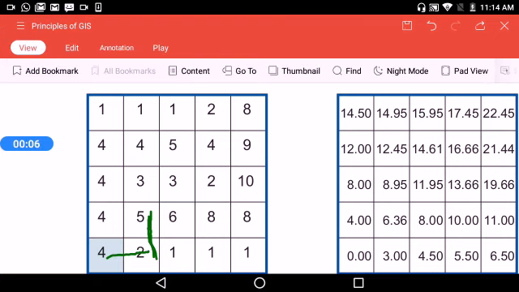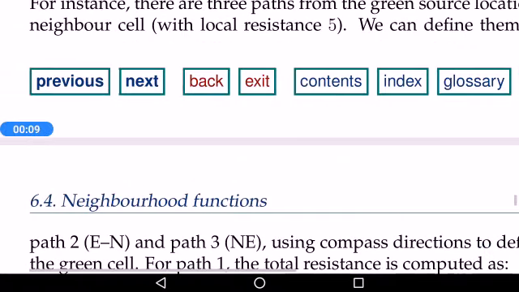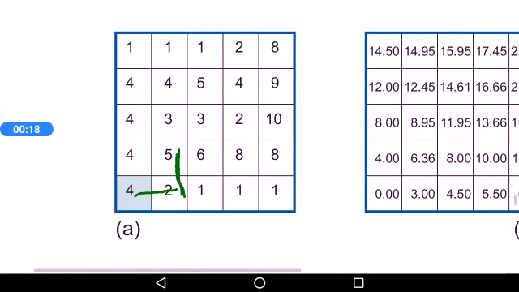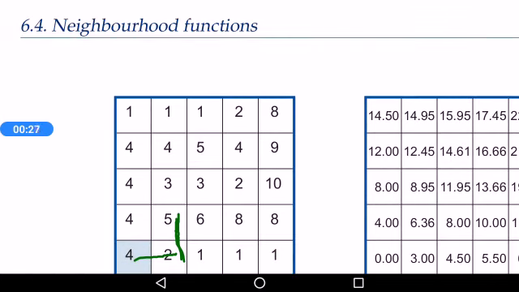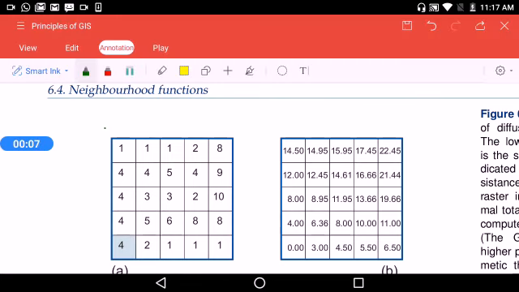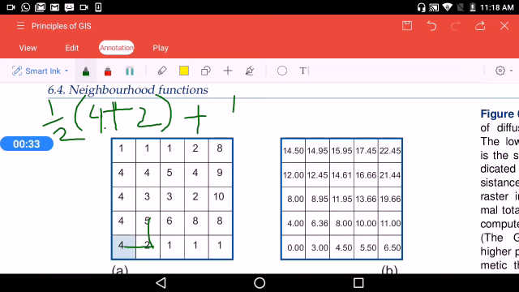So if you want to go from 4 to 2, the cost is half of 4 plus 2, and going from this cell to the north cell, we add half of 2 plus 5.